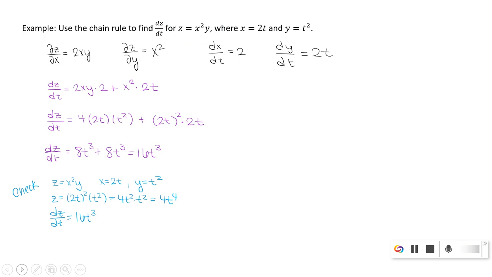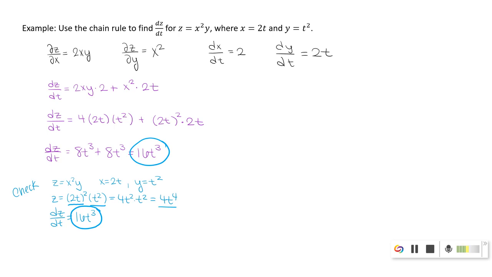Plugging that into my function, I get 2t squared times t squared. That simplifies down to 4t to the fourth. When I take the derivative, I get 16t to the third, which is the same thing I got when I used the chain rule. So it's nice to see that the chain rule does give us the correct answer.